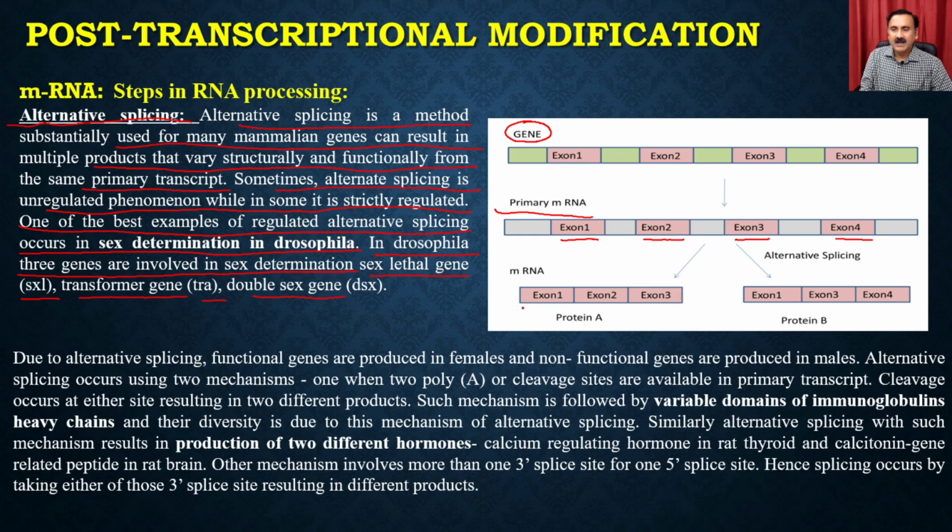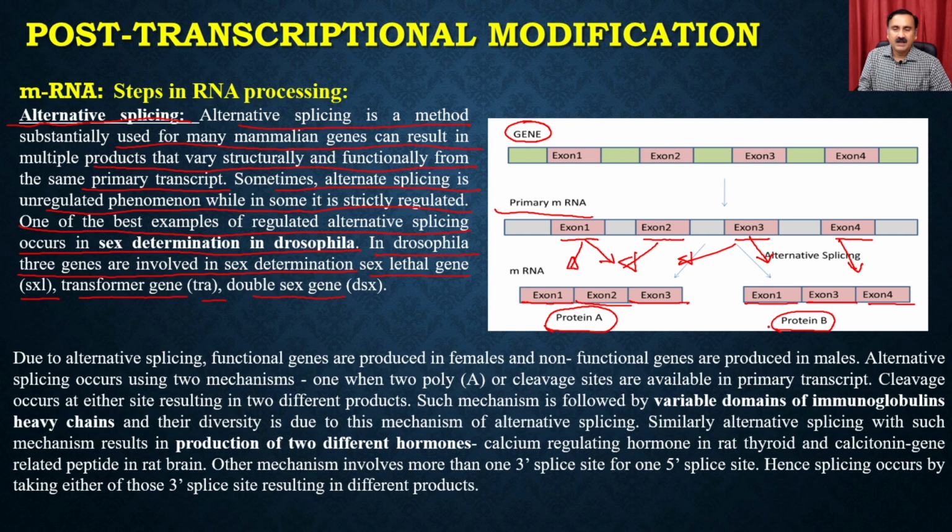In one way, it is going to take the 1, 2 and 3. If it takes 1, 2 and 3, it is going to form protein A, which means it's going to have the coding sequence present in exon 1, exon 2 and exon 3. Now in the second example, it can take exon 1, exon 3 and exon 4.